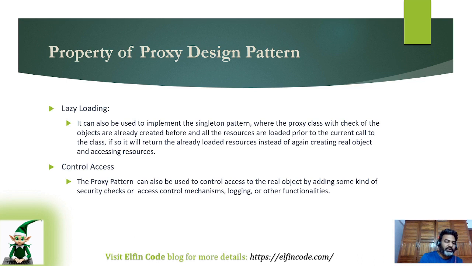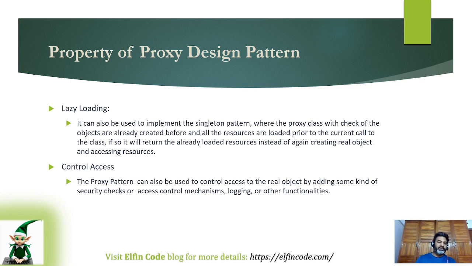If he belongs to, let's say, category A, he will have more access rights to the same website, whereas if he belongs to, let's say, category B, he might have lesser access rights to the same site. So those kinds of things can also be done using the control access property.